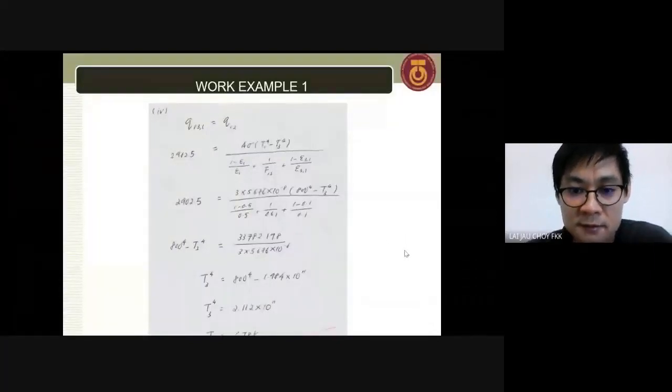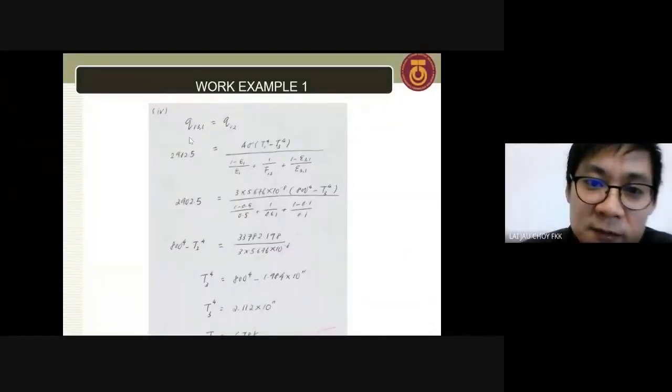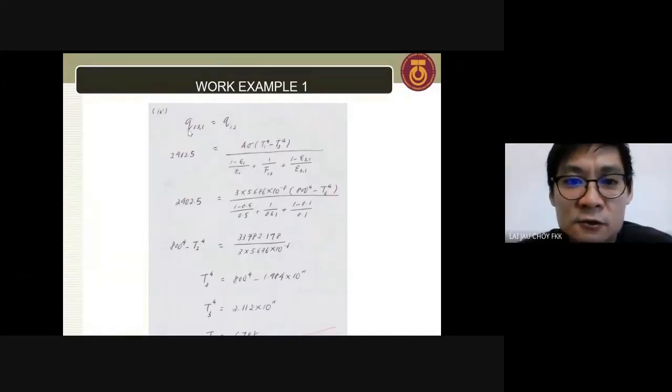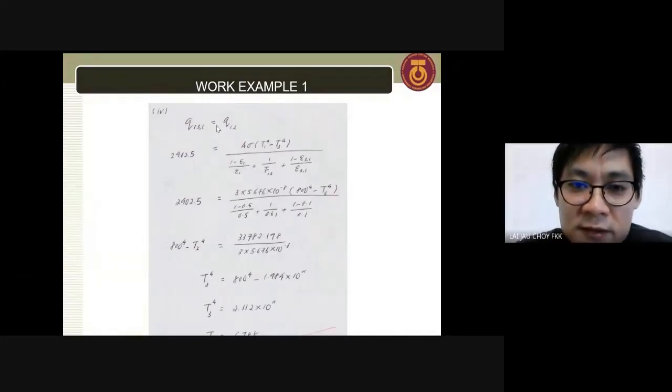Okay, this is my solution. The basic principle is Q is constant. So that's why Q13 is equal to Q12.